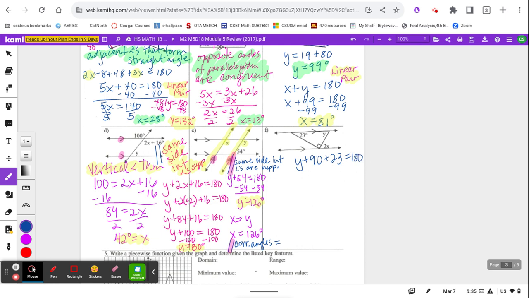And what does the sum of a triangle equal? 180. So inside of that triangle, how did I know that was a 90? That little square means 90, right? So 90 plus 23 gives me 113. So y equals 67 degrees.